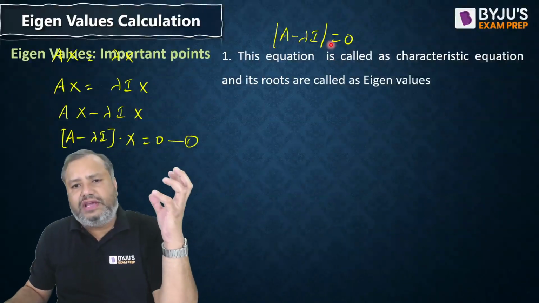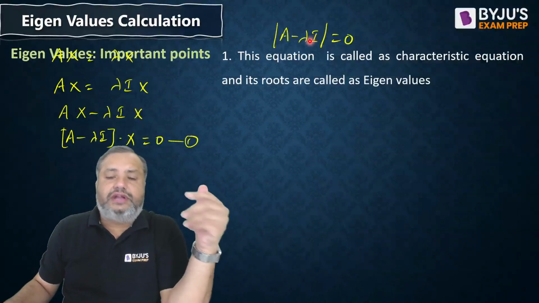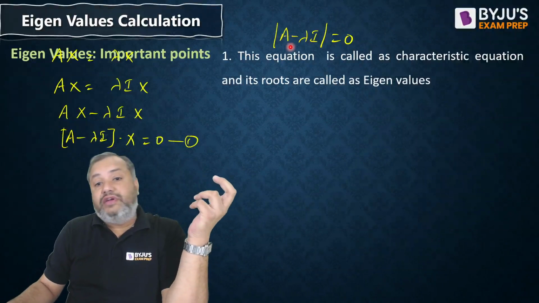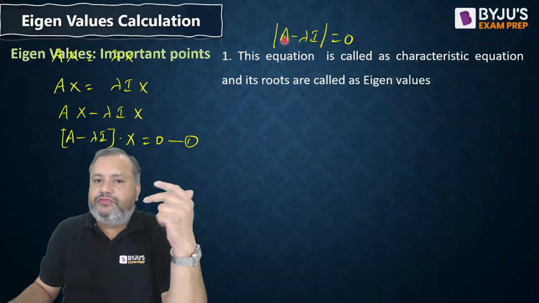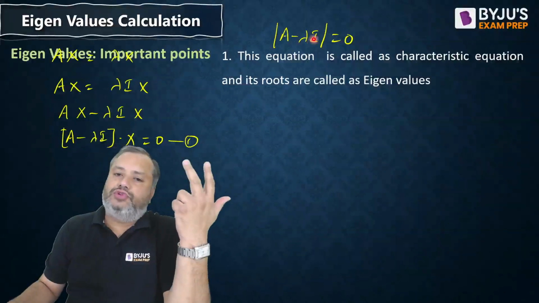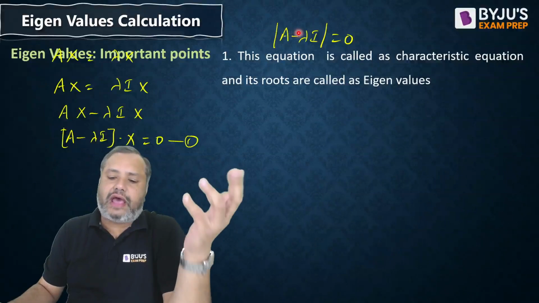As it is very clear that this equation will be in terms of lambda, it will be a quadratic equation, it can be a cubic equation. So depending on the order of this matrix A, you will be having the order of this equation. So if your matrix is 2 cross 2, then you will be having a quadratic equation, hence it will have 2 roots. Further you can have a cubic equation for a 3 cross 3 matrix, and hence it will have 3 roots.